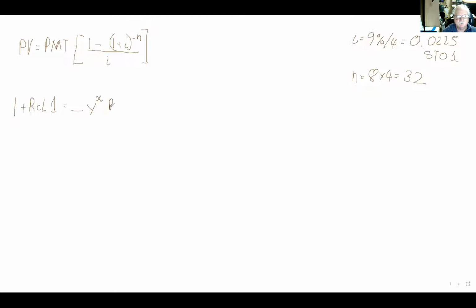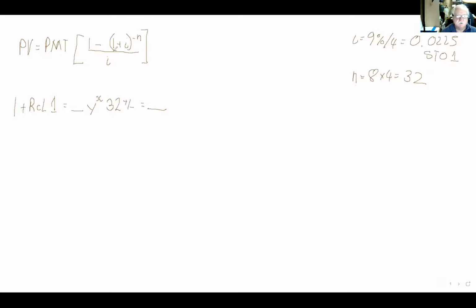I better put this in brackets. Oh no, I didn't store n. That's okay. We'll just do y to the x, 32, plus or minus, equals.